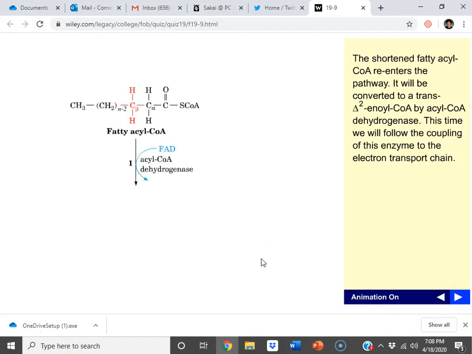So that means we can start the cycle all over again and go to the first step where we take those next 2 carbons and take off the hydrogens and electrons, donating them to FAD to form FADH2.